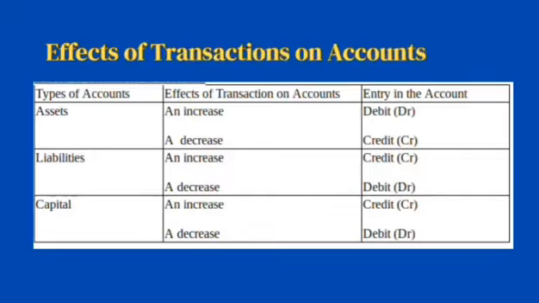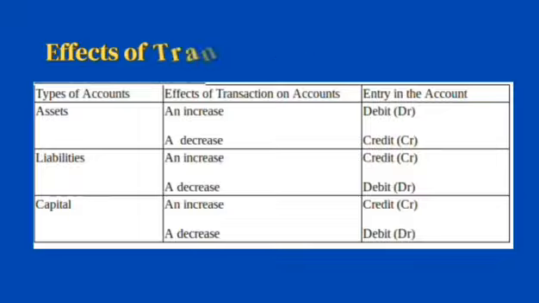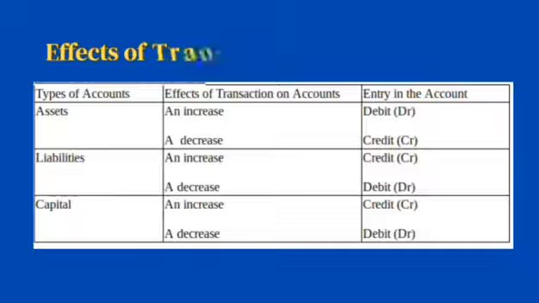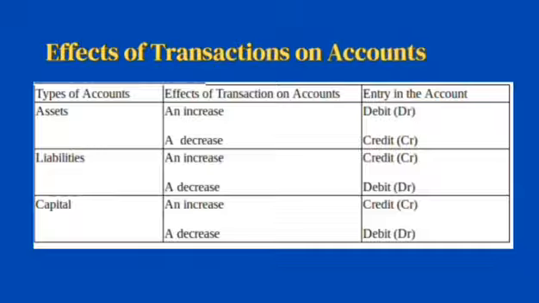And as liability decreases, you make a debit entry. As capital increases, you make a credit entry. And as capital decreases, you make a debit entry. So the same rule that goes for liability also goes for capital.